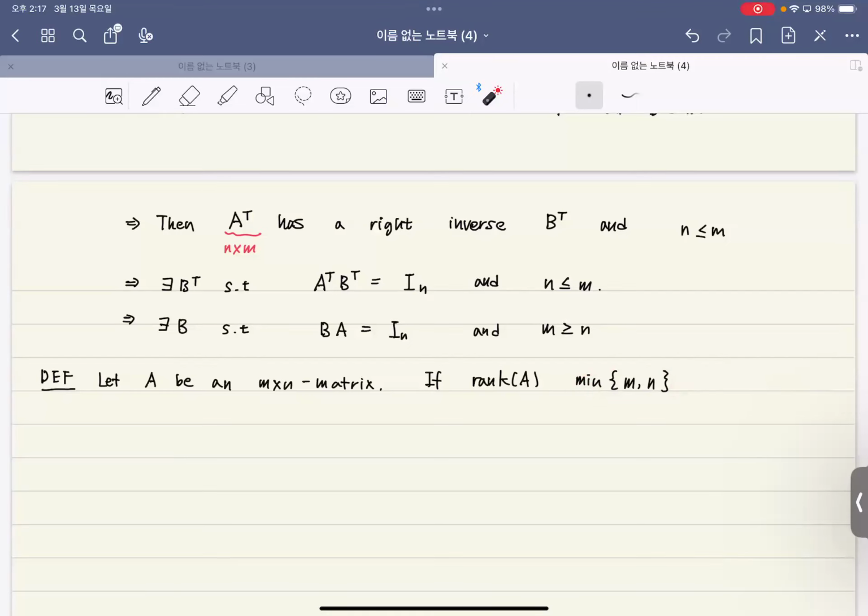And if the rank of A happens to be the same as the maximum possible number of linearly independent columns, then we say A is a full rank matrix.